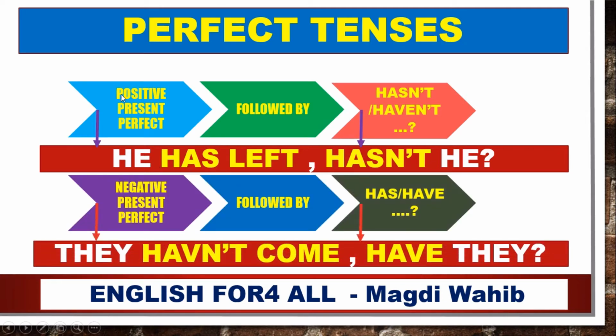What about if we have a negative perfect? Okay, what if we have a negative present perfect statement? It will be followed by either has or have, followed by the subject and the question mark. An example, they haven't come.